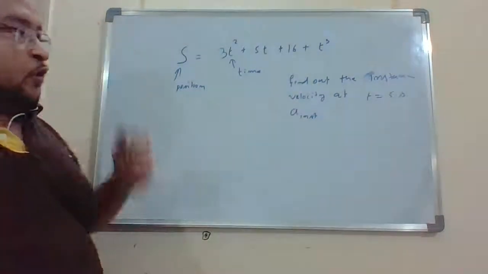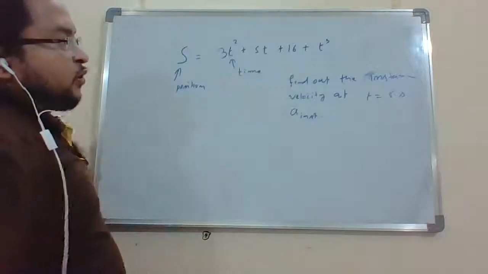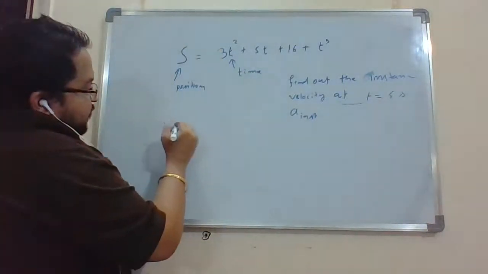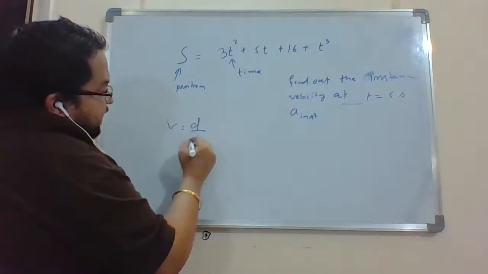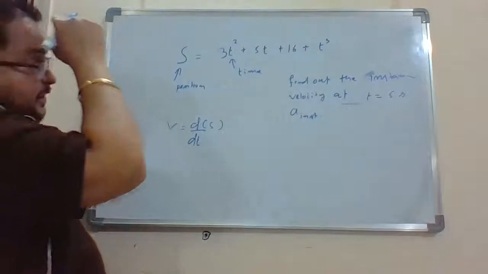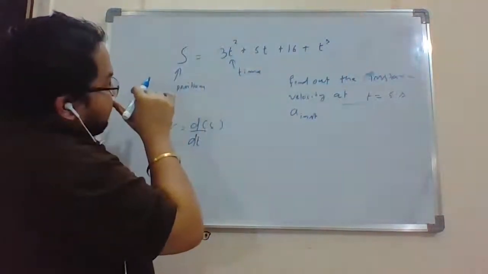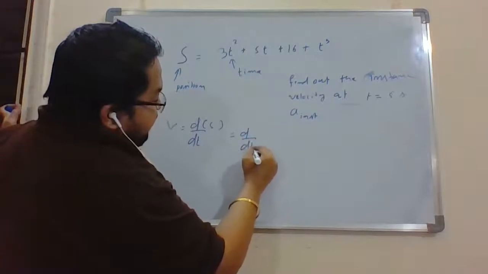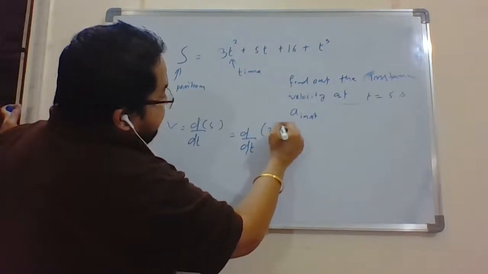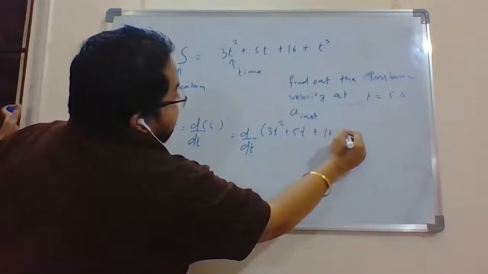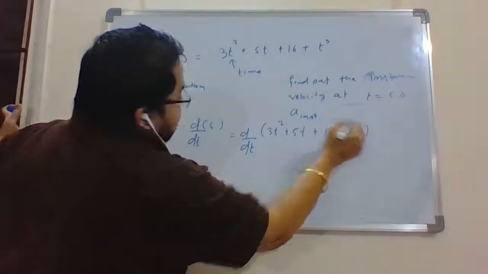So we know the formula for instantaneous speed. This is nothing but v equals ds by dt, or d by dt of s. So we need to just solve this derivative. So d by dt of 3t square plus 5t plus 16 plus t cube.